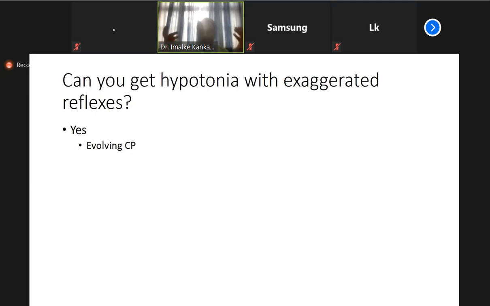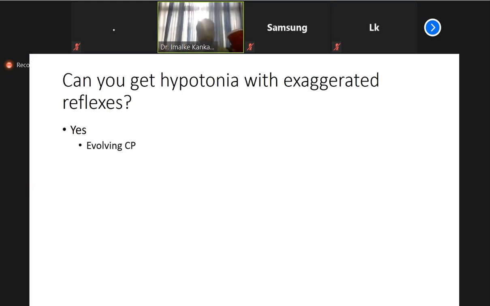Can that happen? Yes. It's very well described in children because in the period of evolving cerebral palsy, like the brain damage that's occurred at the perinatal period, the child is floppy in the first year or so, and only then do these children get spasticity. During the transition from hypotonia to hypertonia, that is common even in spinal injuries.